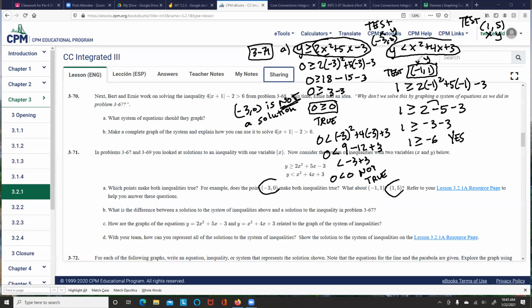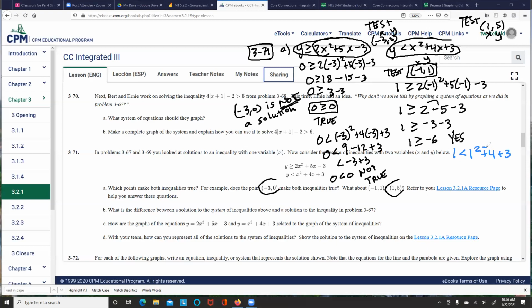Okay, now I need to test -1, 1 in the second one because I forgot to put it in the second one. My y is 1. 1 is less than -1 squared plus 4 times -1 plus 3. That's minus 4 because it's a negative 1.